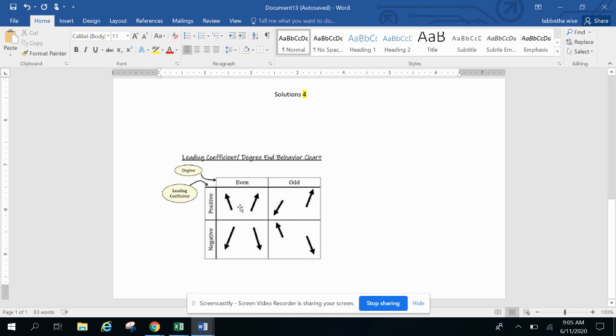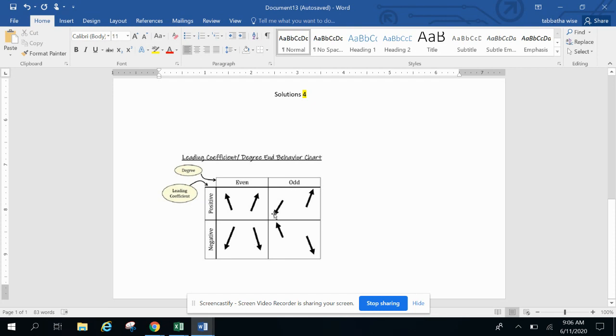If it's positive, the right side goes up. That's the positive coefficient, not degree. So the right side goes up, so they both go up. If it's a negative, so like negative 2x squared, the right side goes down, so they both go down.